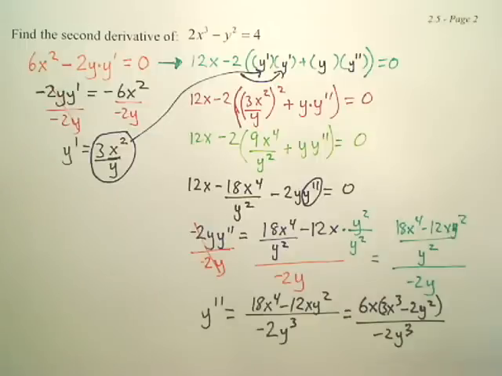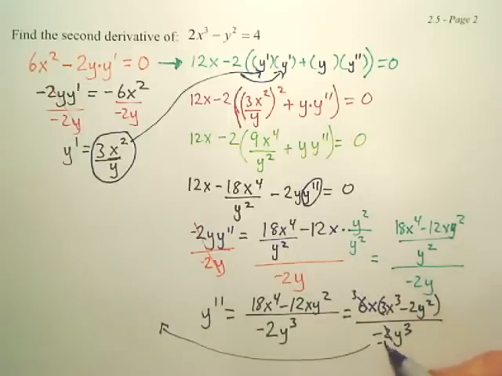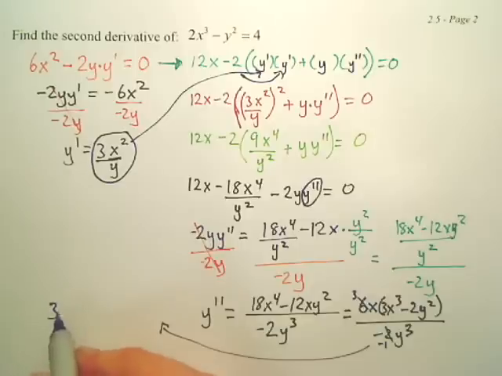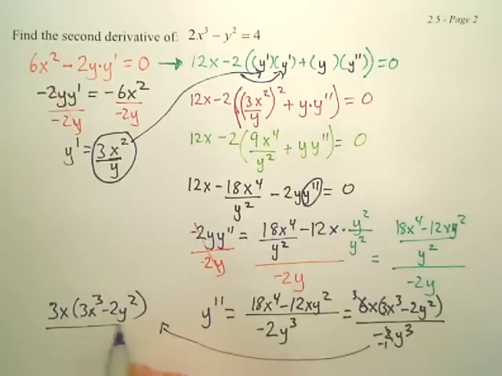My final answer, if we take this and bring it over here, what do you got? And this cancels with this. It looks like we have 3x cubed minus 2y squared over negative, I'll put the 1 there. Oh, actually let's make that a negative on top.